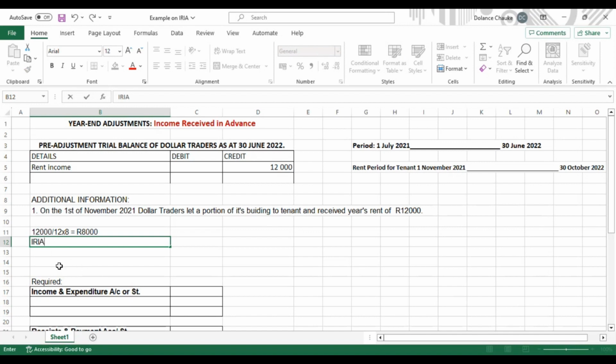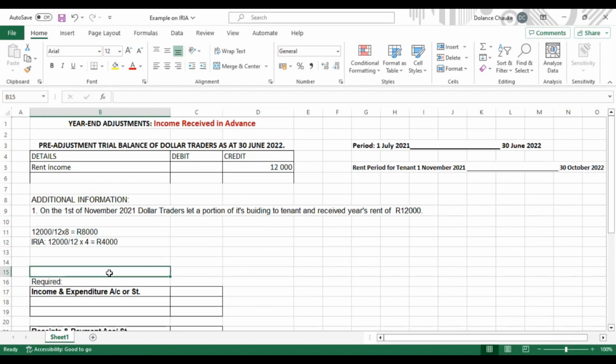IRIA stands for income received in advance. So our IRIA is equal to 12,000 divided by 12 multiplied by how many months are in advance? They are 4: 8 within, 4 out, which are in advance. So we multiply by 4, and you get your answer: 4,000 rent.